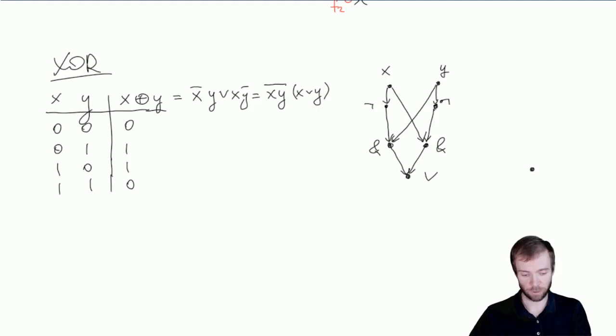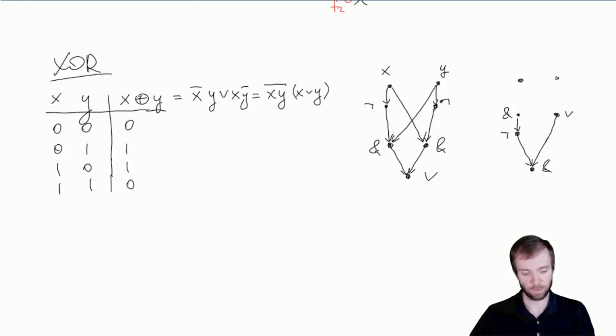We have a conjunction, and to this conjunction we supply the results of negation of another conjunction, so like this, negation of conjunction of x and y, and the other thing would be the disjunction of x and y.